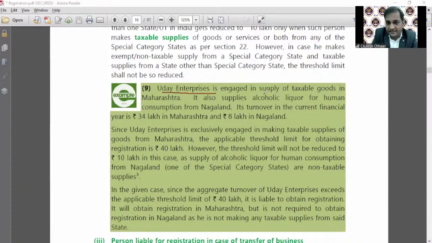Uday Enterprises is engaged in supplying taxable goods in Maharashtra. It also supplies alcoholic liquor in Nagaland. The current turnover is 34 lakh in Maharashtra, 8 lakh in Nagaland. Since Uday Enterprises is exclusively engaged in goods from Maharashtra, for that the limit is 40.